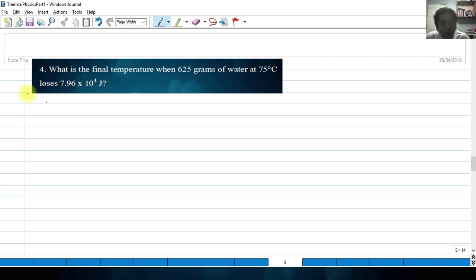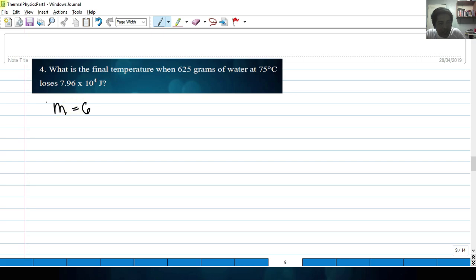What is the final temperature when 625 grams of water at 75 degrees loses 7.96 times 10 raised to 4 joules? Okay, so we have a great concept here. Let's write the given.